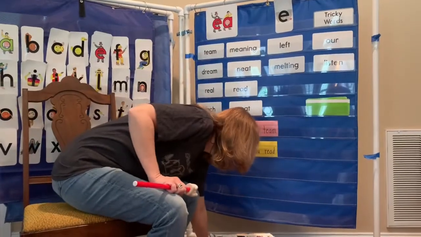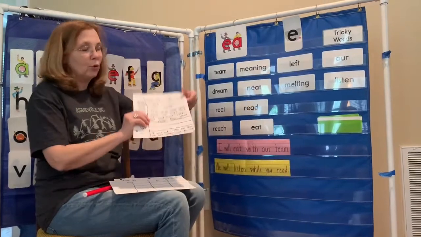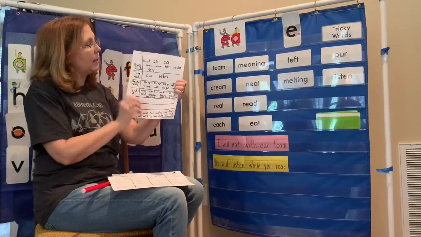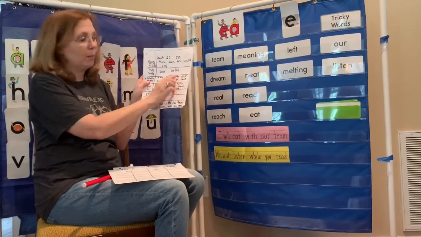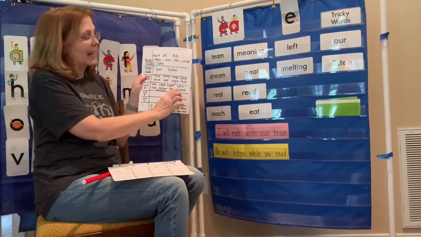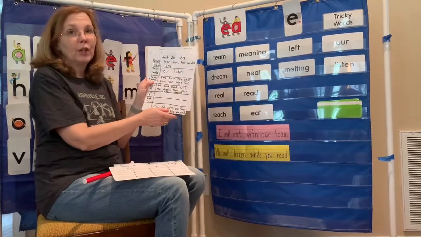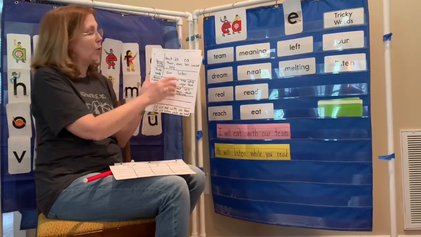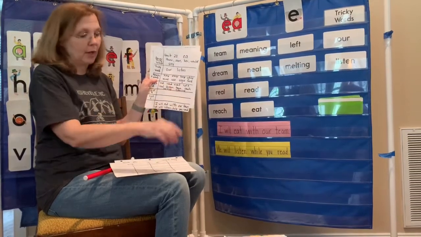When you're working with your child at home, you can take your list right here. You need to make sure that they know only to sort the tricky word part and the list A part. If you need to, take it and circle it with another different marker to let them know those are the only ones they're going to do, go ahead and do that, just so they know.